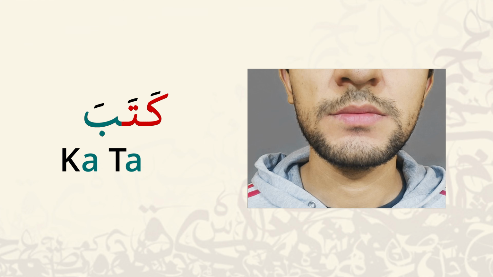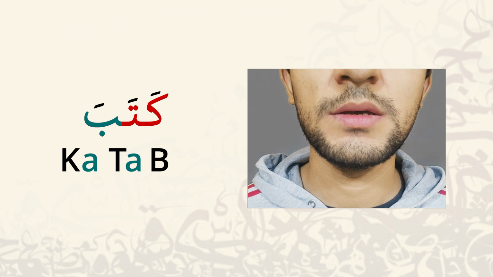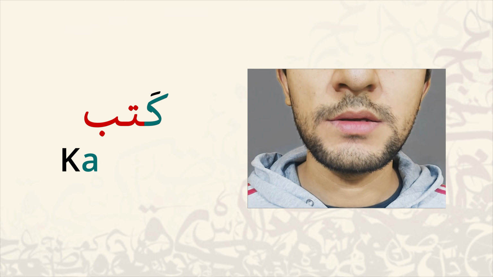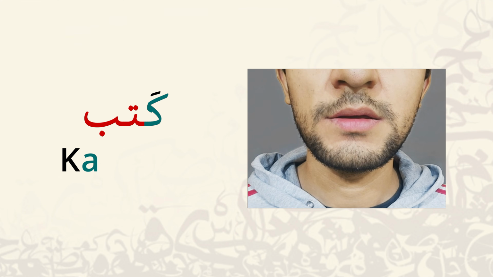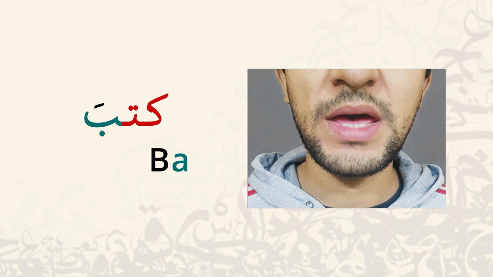And the last one has the sound b, and again the label is fatha: ba. So these are the separate letters of this word, each one with its label: ka, ta, ba. Ka, ta, ba.